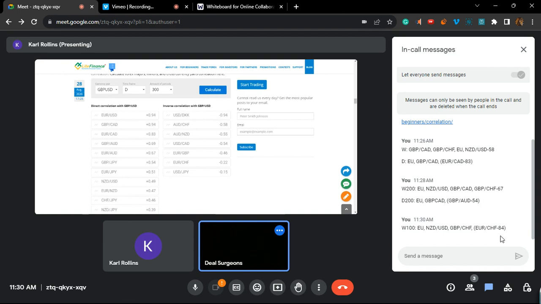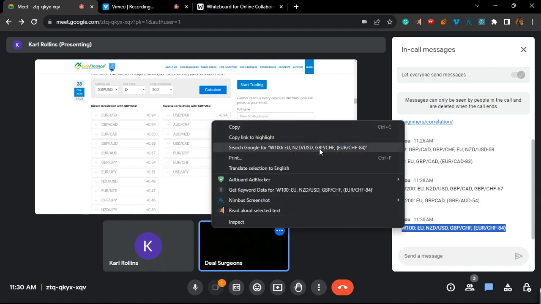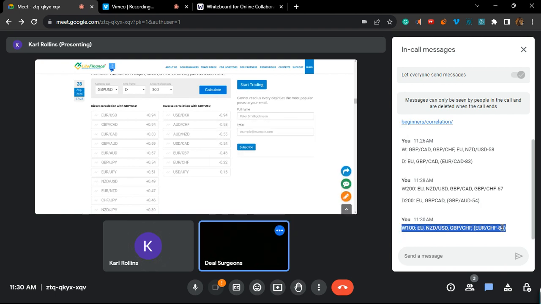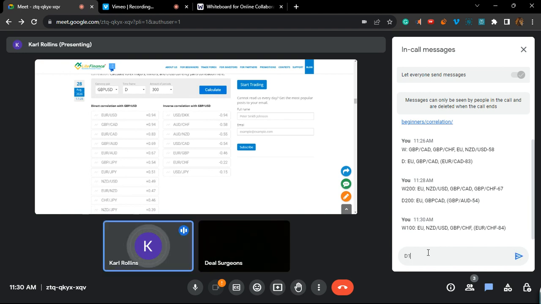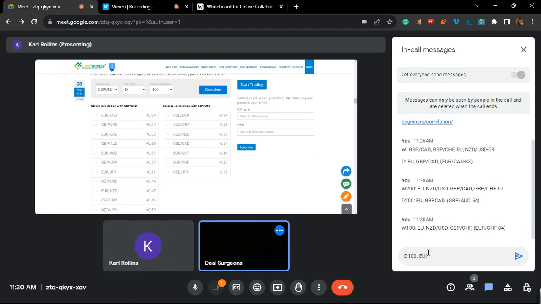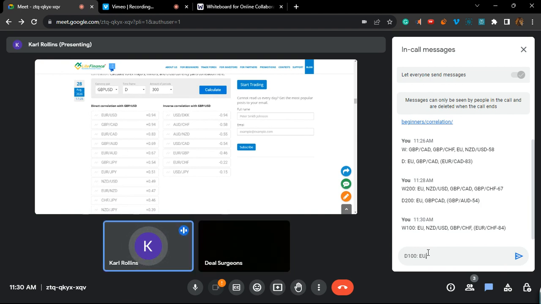Hold on, I think I missed it. Okay, so what do you have for daily 200? I mean, daily 100? Okay, daily 100. I have EU, which is 96%. Okay. NZD/USD 81%.